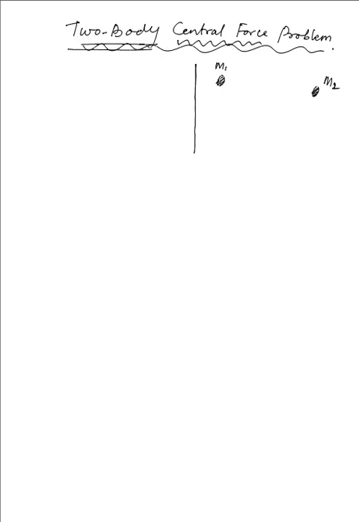There's a coordinate system, which has an origin, and the mass m1 has a position vector r1, and m2 has a position vector r2 with respect to this origin. And obviously there are the x, y and z axes.